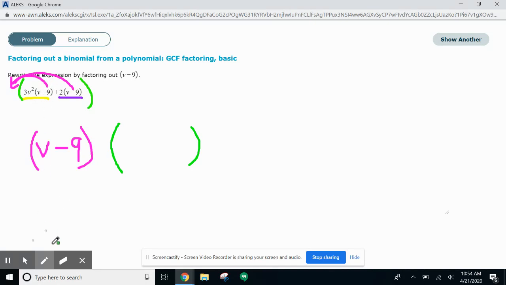If I took out v minus 9 and v minus 9, I have what remains on the inside here, which is 3v squared and a plus 2. And that's what's left. So now this is my entire answer here. All right. We used the greatest common factor, which was v minus 9, and we took that out. And now we can rewrite this expression and it's factored out now that we rewrote it.